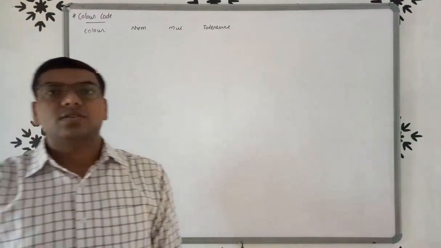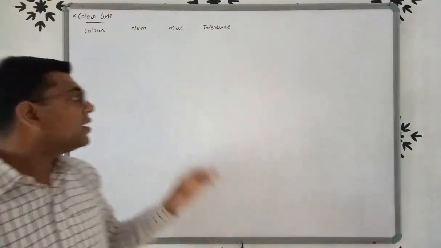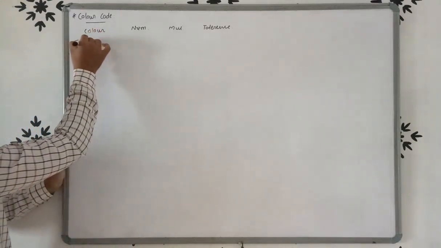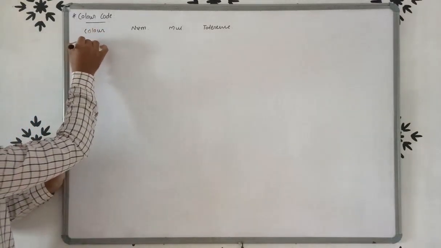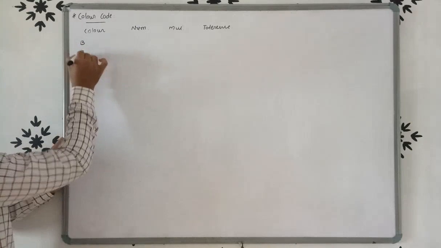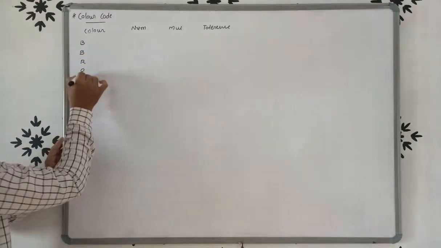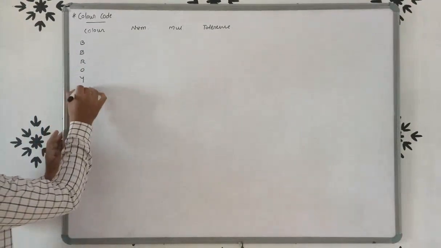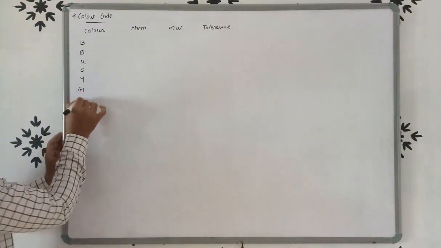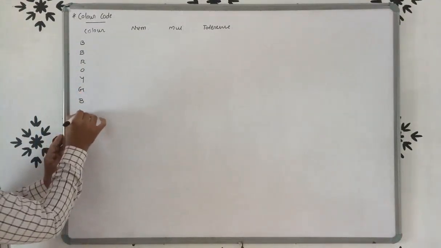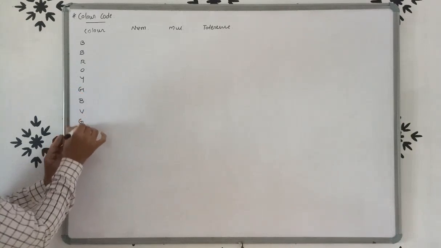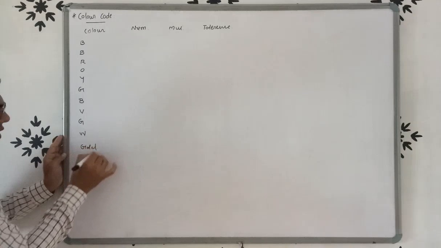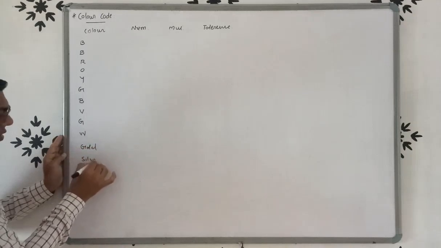Now there is a short scheme to remember the colors. The scheme is like this: B Roy goes to Bombay via gateway of gold, silver.